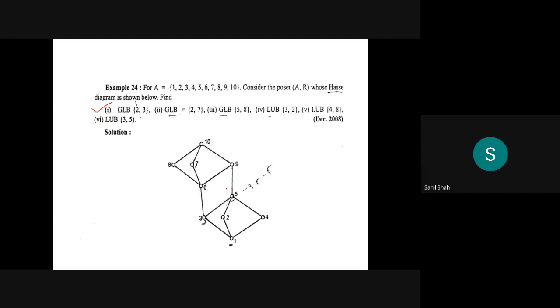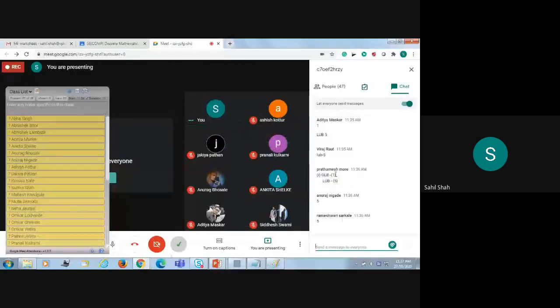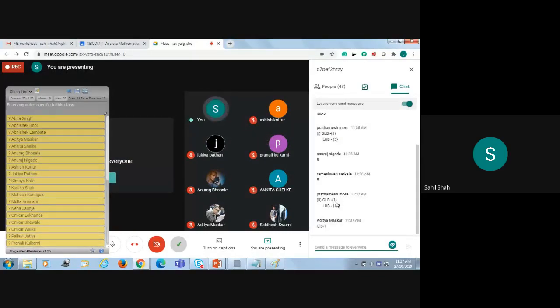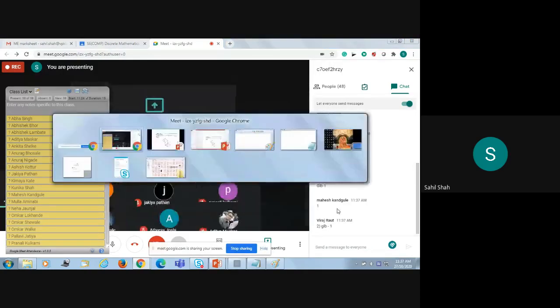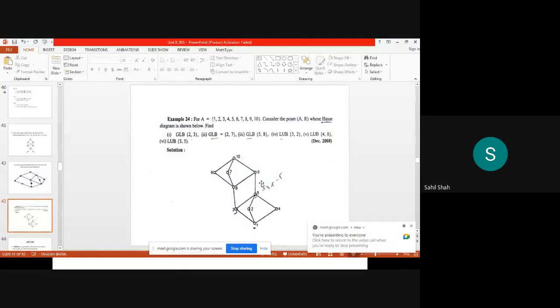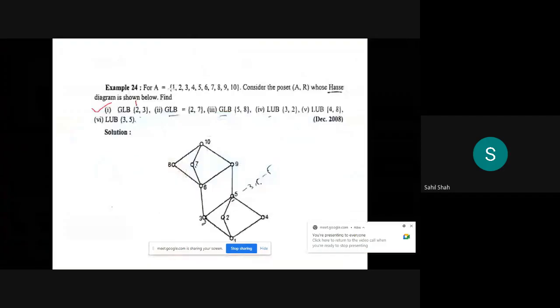If you have been given pair 2, 7, can you tell me the greatest lower bound first? Somebody has given the answer. Prathamesh is saying the greatest lower bound is 1 and the least upper bound is 10. Yeah, perfect. That means you're following whatever is ongoing.